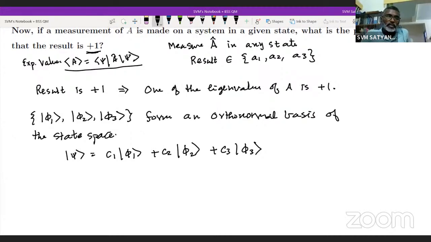Now, what are C1, C2, C3? They are related to what? Let us say one of the eigenvalues is plus 1, and I will call that A1. Now, what is the probability of getting plus 1 as the answer? From this expression, can you read out the probability of getting A1?